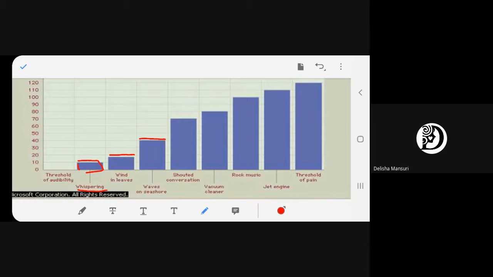Shouted conversation, when you are shouting at each other, will be 70. A vacuum cleaner will be creating almost 80. Rock music, blaring loud music, will be 100. A jet engine, the aeroplane, will be around 110.